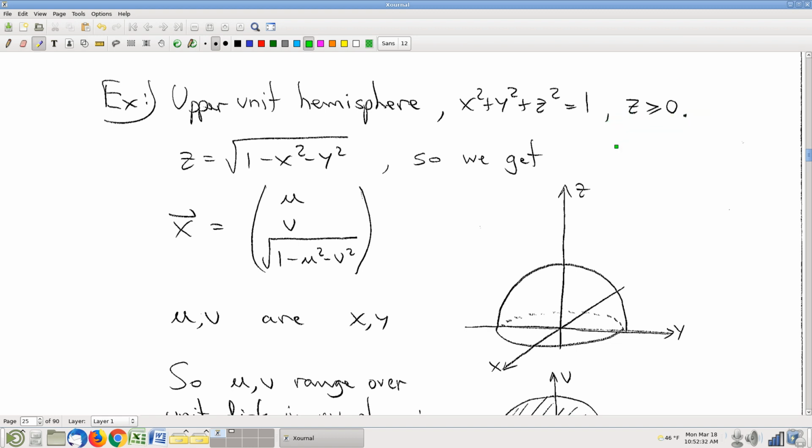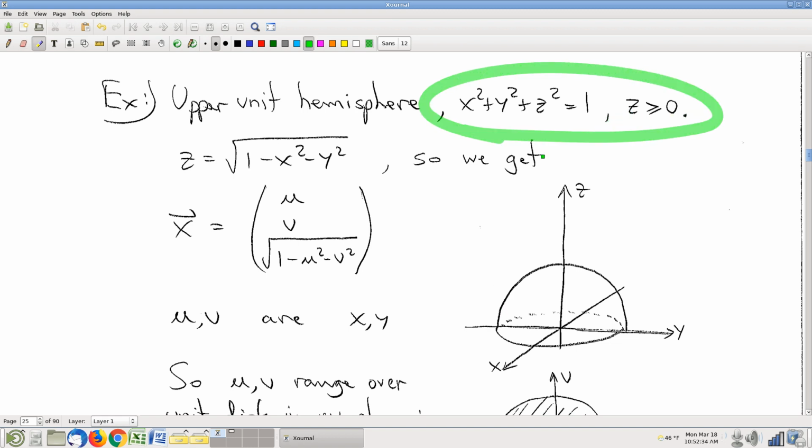You can see it in the geometry by noticing that this hemisphere, you can't solve for y because for any given values of x and z, there are two different values of y. Right? This fails what you might want to call the vertical line test in the y direction.